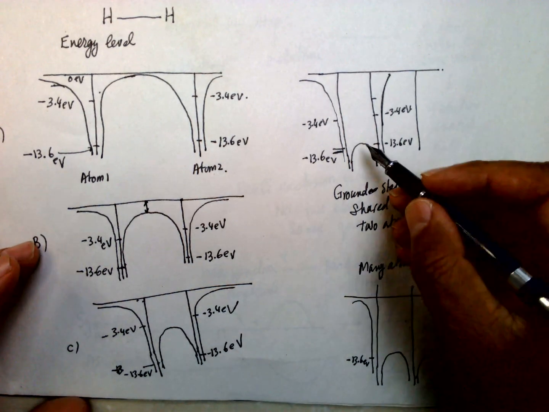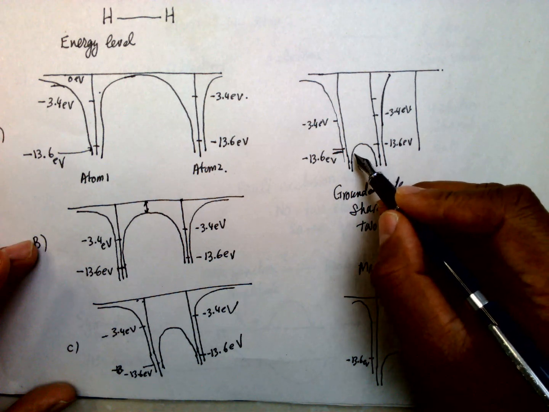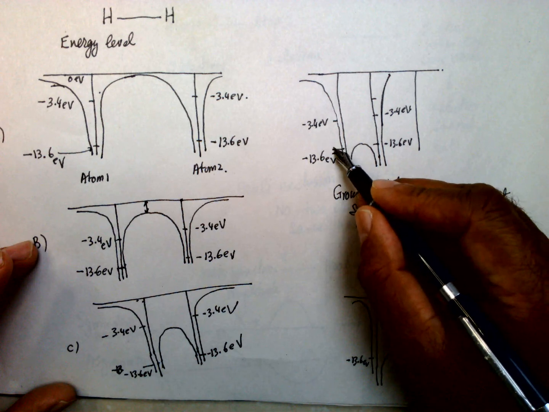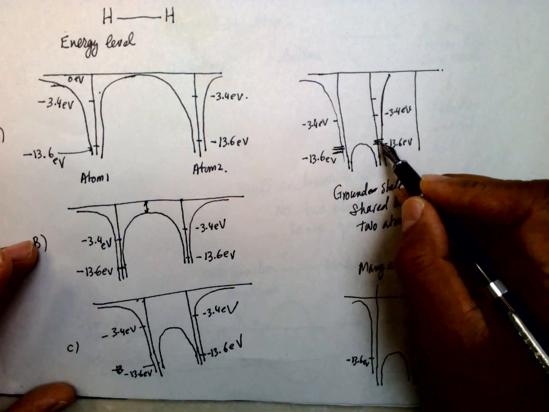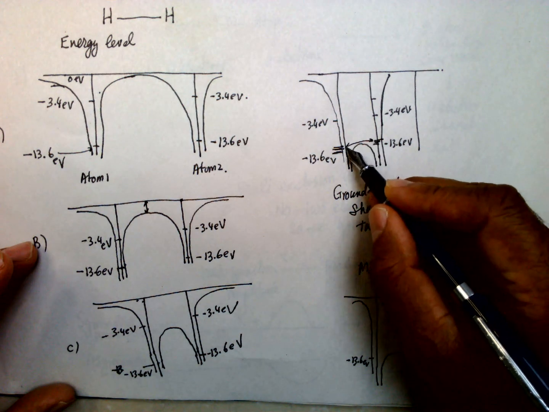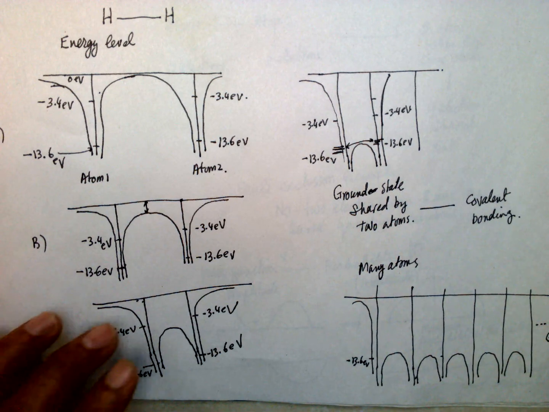If they are very close to each other, they will have nearly the same kind of lowest energy level, so there's no need for energy to be supplied, and they can move freely.